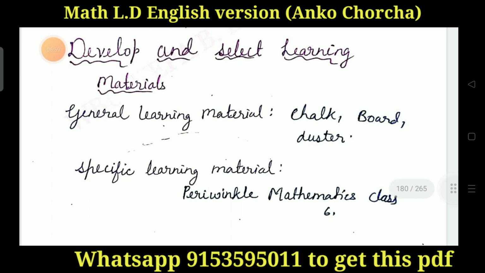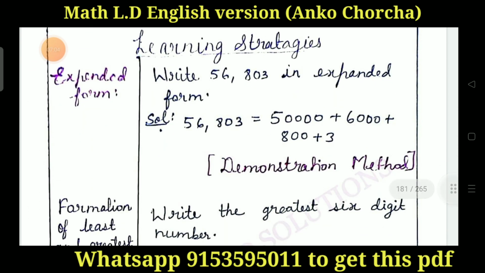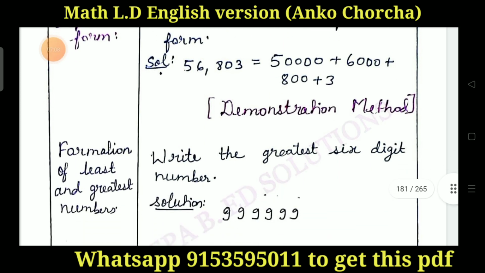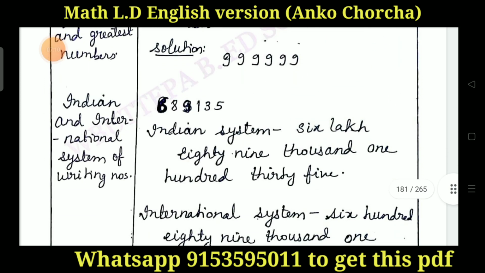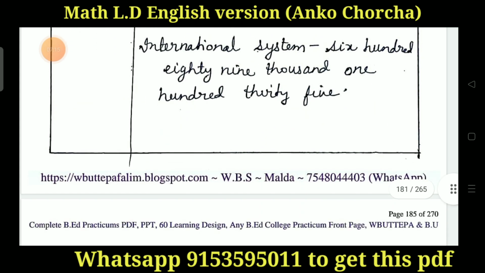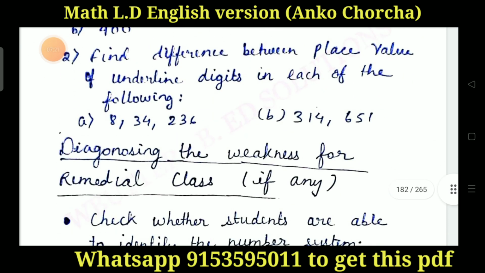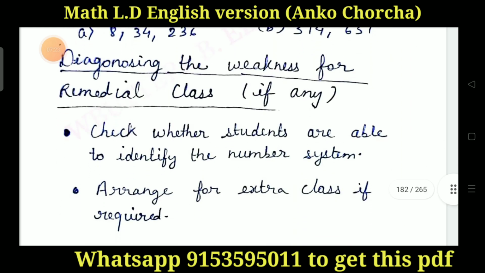Develop and select learning material: there are two types, general and specific. Learning strategies are two parts: extended form, formation of smallest and greatest number, Indian and international system of writing numbers. Design for evaluation: there are some questions. Diagnosing the weakness for remedial class, if any.